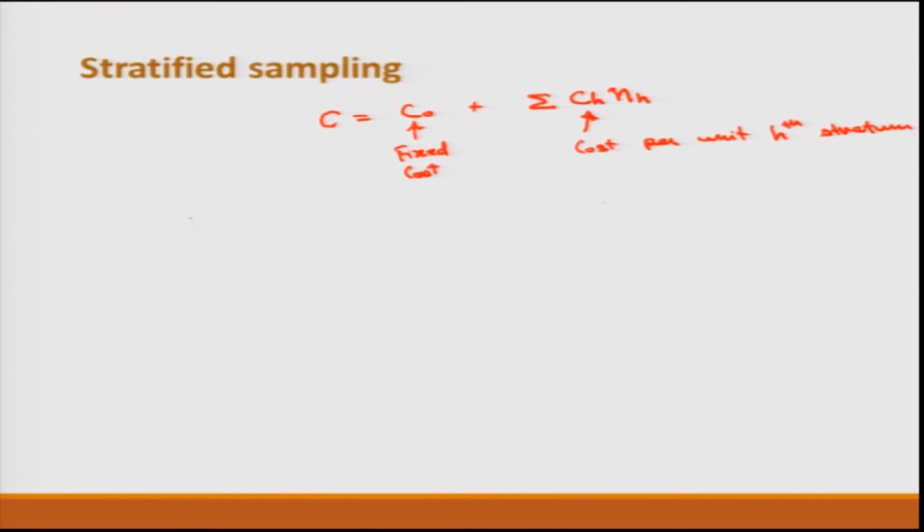So, let us see the pros and cons of stratified sampling. The benefits or advantages of stratified sampling is that it focuses on the important subpopulation and ignores irrelevant ones.